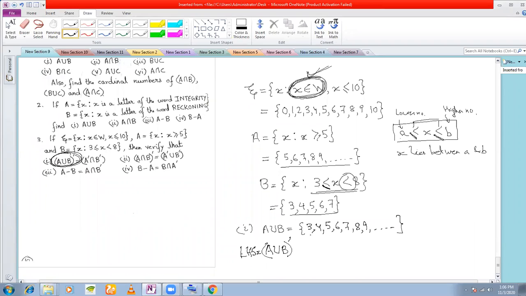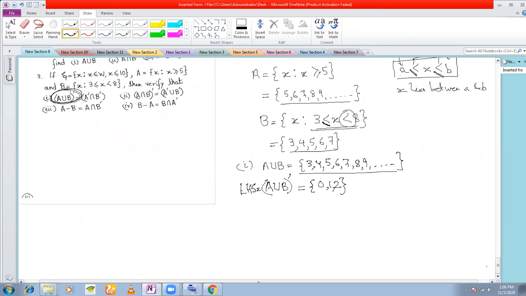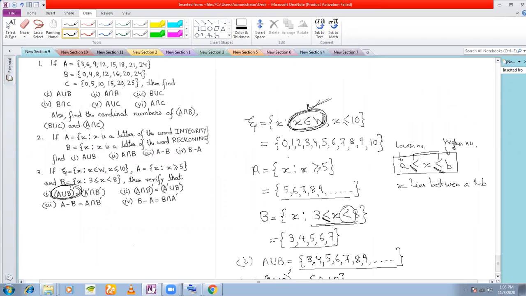So A union B, if it contains all these, then what is not there in A union B? 0, 1, 2. Only these three elements are not there in A union B. Am I right or not? It is there in the universal set. Which elements are not there in A union B? In A union B, you see it starts from 3, 4, 5, 6 and so on.